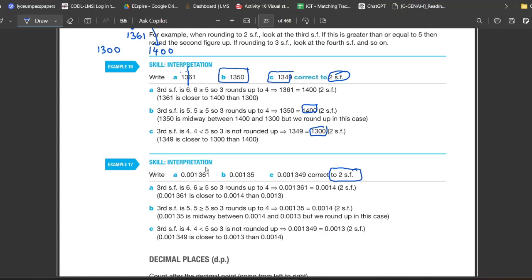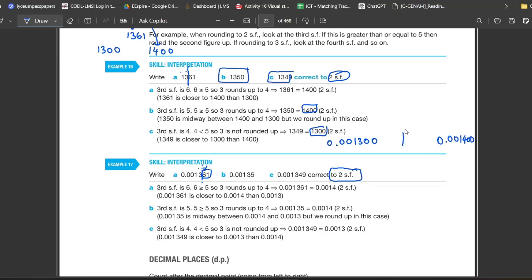So we have to check what the significant figures are. This is one, this is the second significant figure. So we can put a dotted line between these and omit the other numbers. Then think about whether this number is greater than the middle. So let's say 0.00130 and 0.00140.